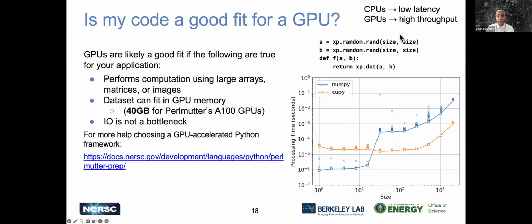But if you have something with lots of computation, with large arrays, matrices, or images, and the data set can fit in GPU memory and IO is not a bottleneck, then GPU would be a great resource for porting your application. But it doesn't always scale the same.